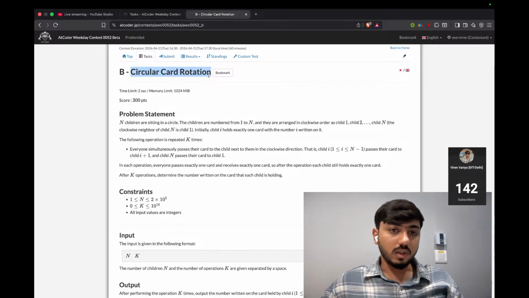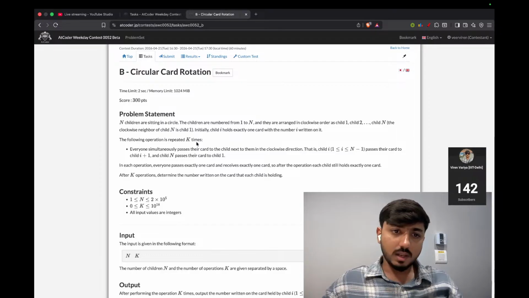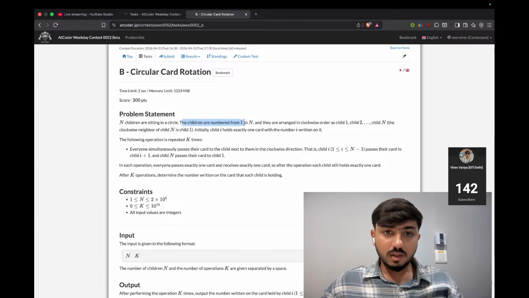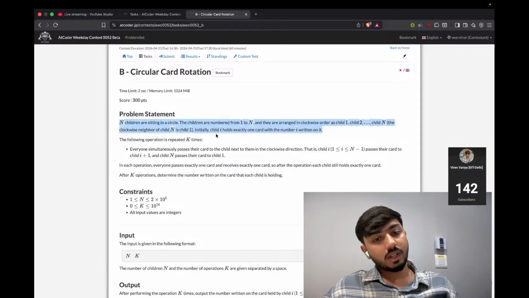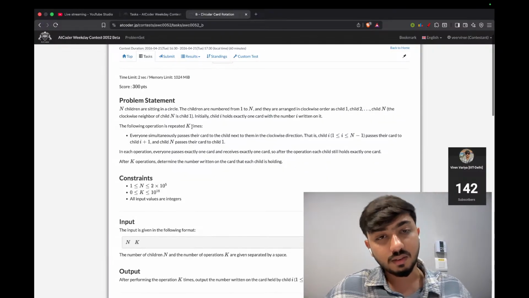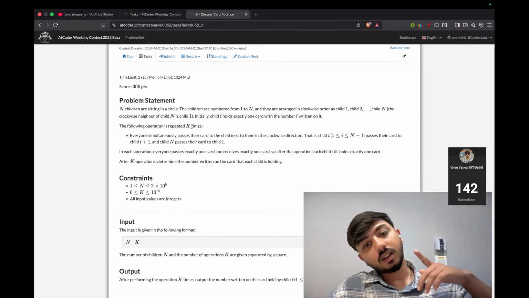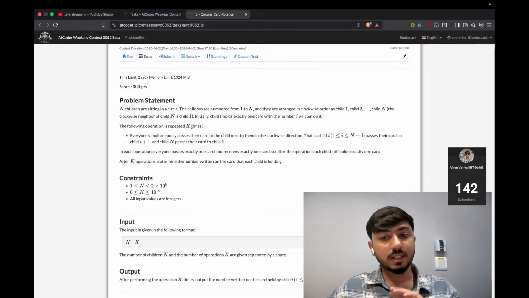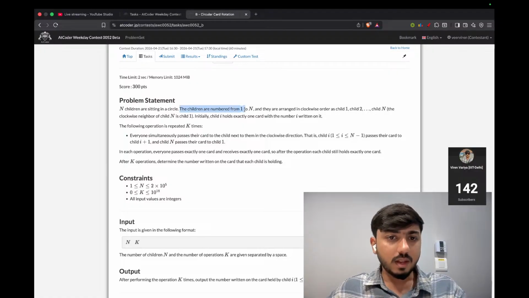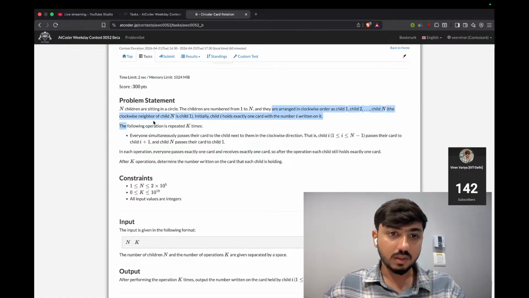Circular card rotation. There is a good trick to break the circularity. Let's see if that trick will help here. I will discuss it, otherwise I will skip. Children are numbered from 1 to n and arranged in a clockwise direction.